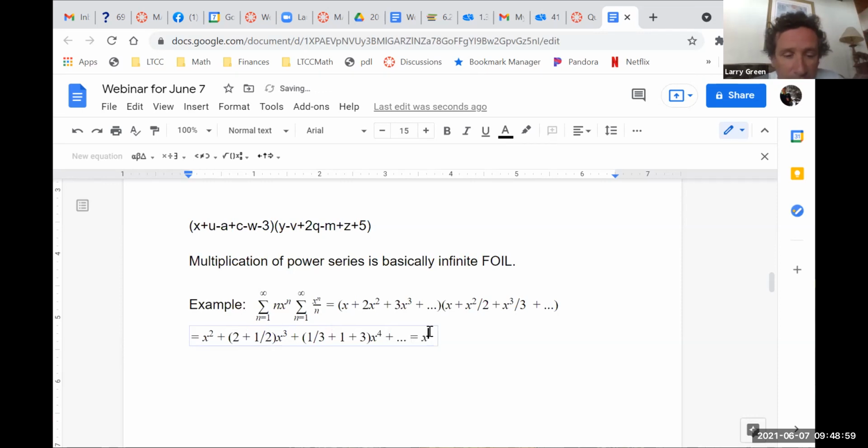So I get x squared, and then plus 2 plus a half is 5 halves x cubed, and then plus a third plus 1 plus 3 is 13/3 x to the fourth, plus dot, dot, dot. Any questions at all on this?